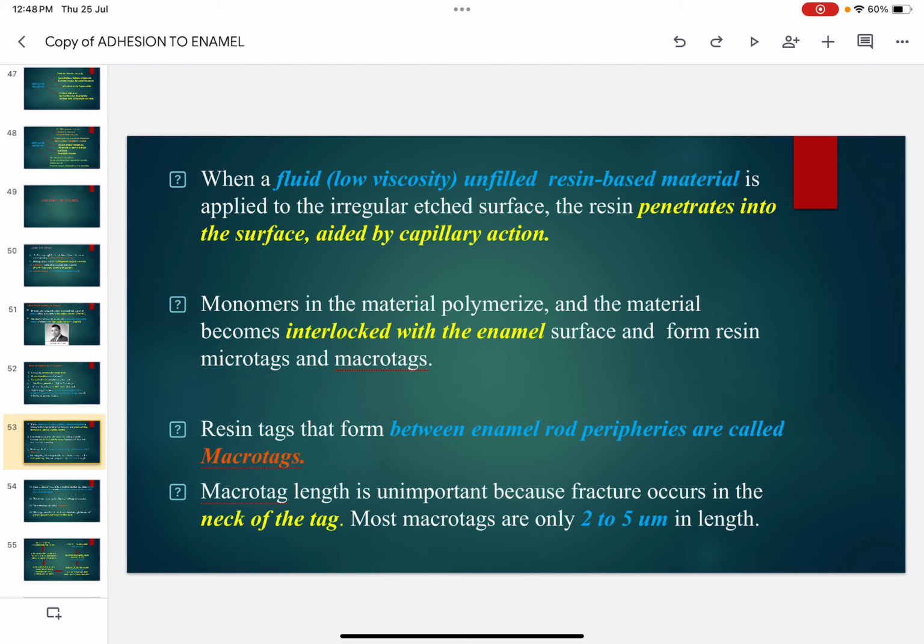Now the resin tags are basically of two types, macro tags and micro tags. The resin tags that form between the enamel rod peripheries are called macro tags, and the resin tags that form at the ends of enamel rods are called micro tags.